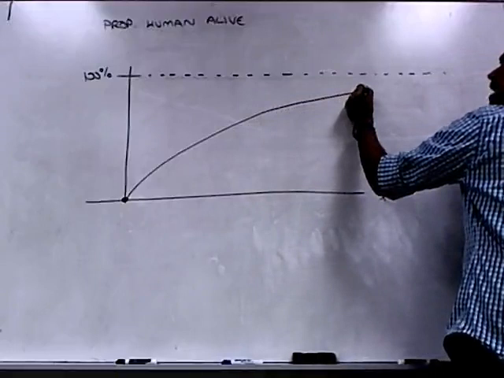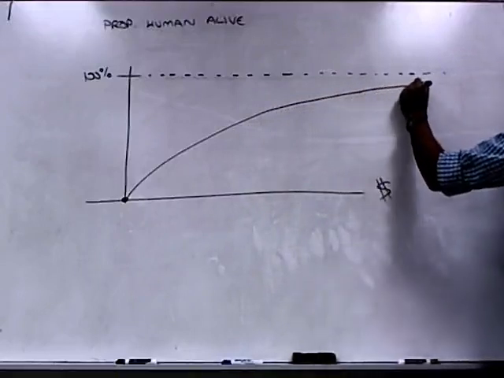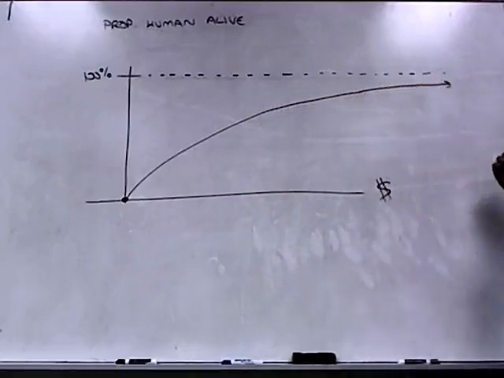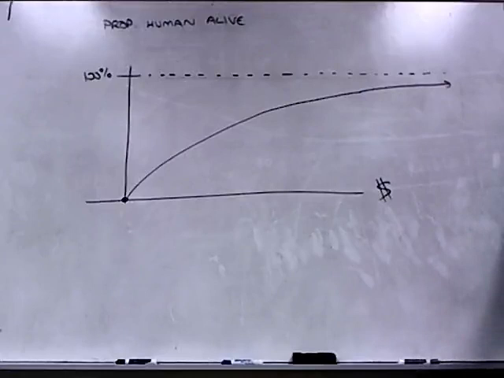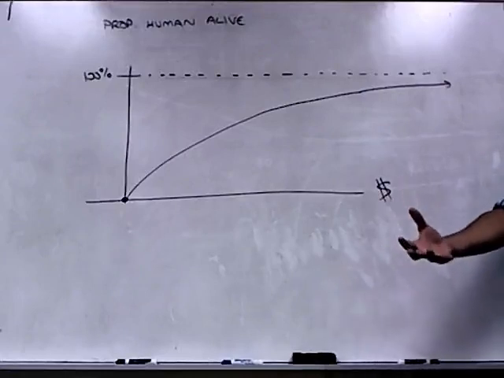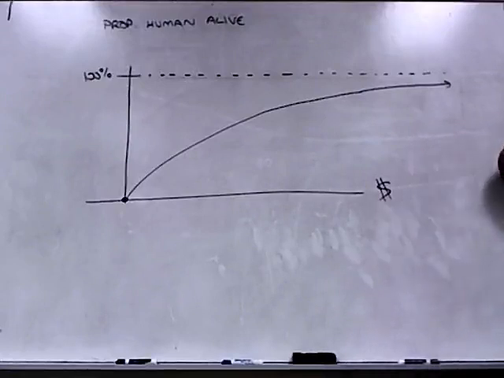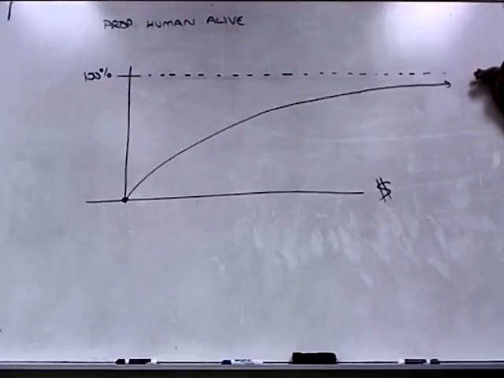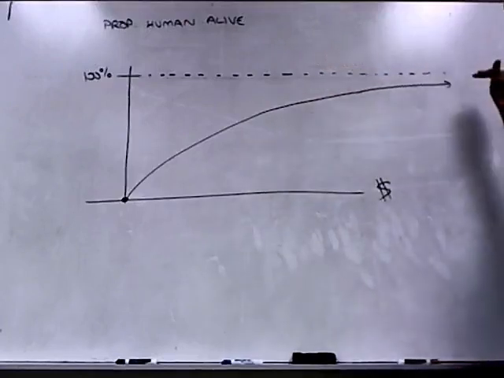But what happens is that it just gets astronomically expensive. We keep spending more and more, but there's a point where we just cannot get all the salt out of the ocean because the salt's coming from the rocks and the minerals in the earth, and so as we're pulling it out, it's coming back in. It just becomes impossible to ever reach 100% desalinization of the ocean water. Does that kind of make sense? Yeah. But again, we have a horizontal asymptote.